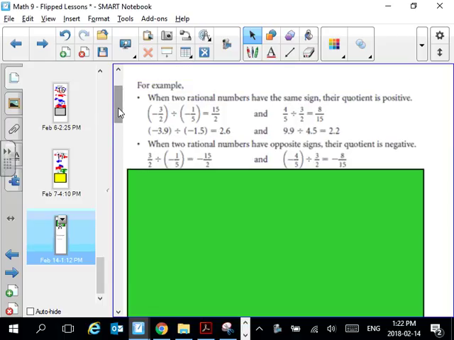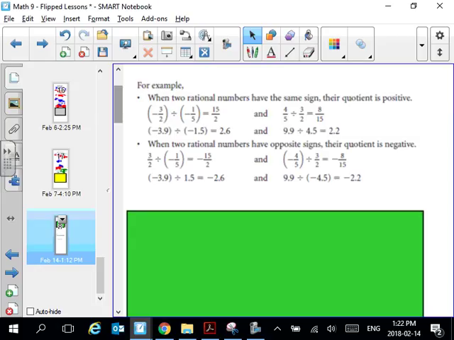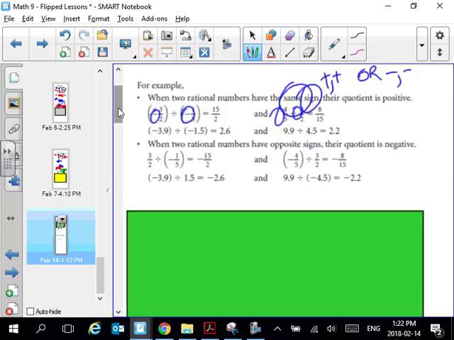Okay, before we get started, just a quick reminder that we always have to be paying attention to the signs, or lack thereof, in front of any numbers we're dealing with. Same sign, positive, positive, or negative, negative, is always going to equal a positive number.